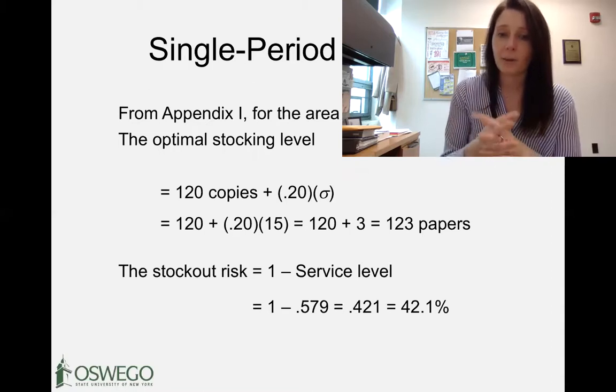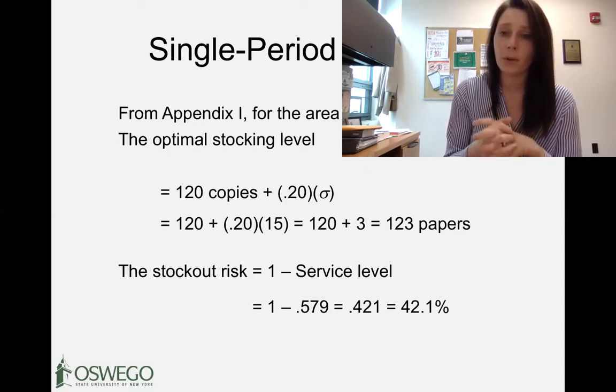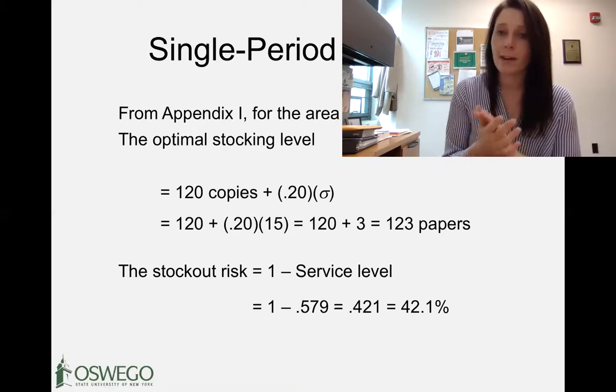And finishing out that calculation, that's going to tell us that every day we should be planning to order 123 papers. That's again going to put us at a service level of about 58%, which might not feel great.